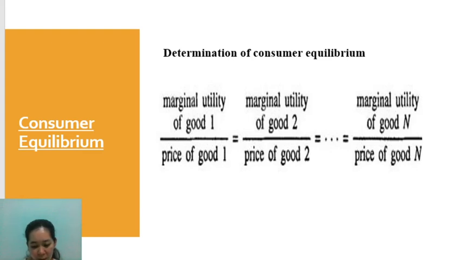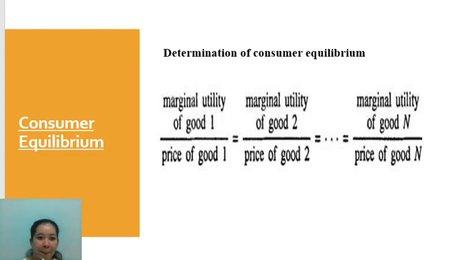Here, after purchasing more and more of good number 1, the marginal utility of this good will eventually fall due to the law of diminishing marginal utility.